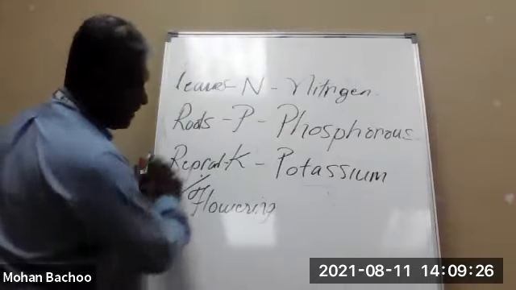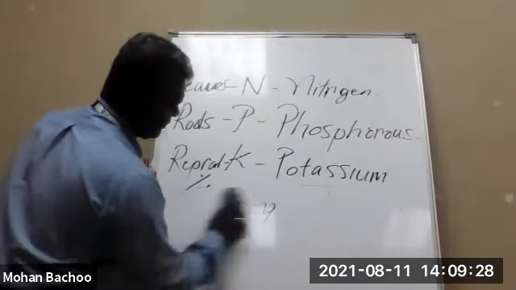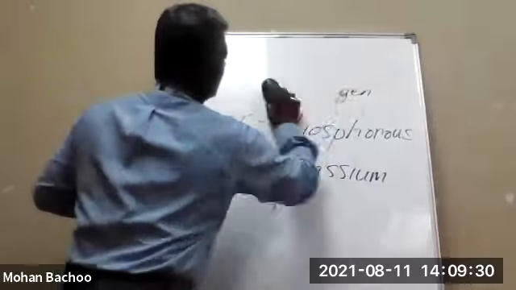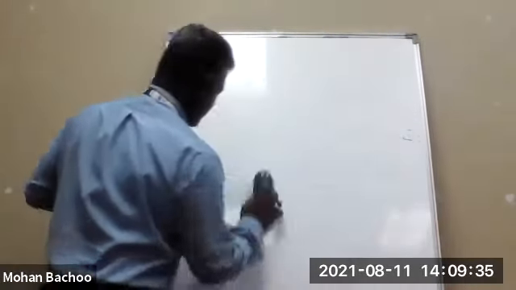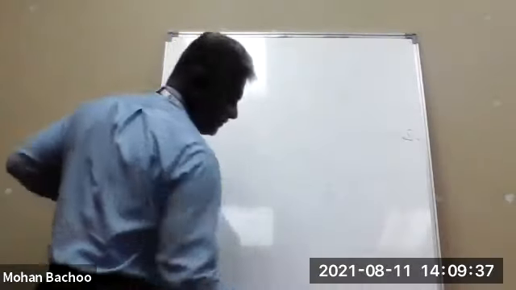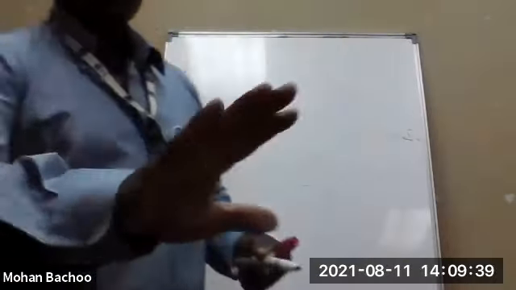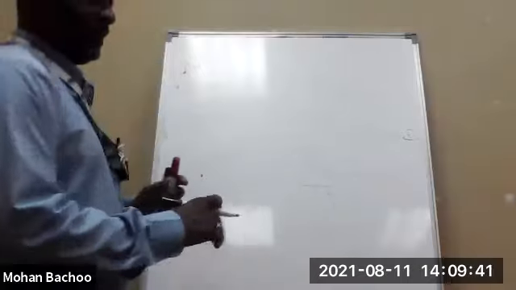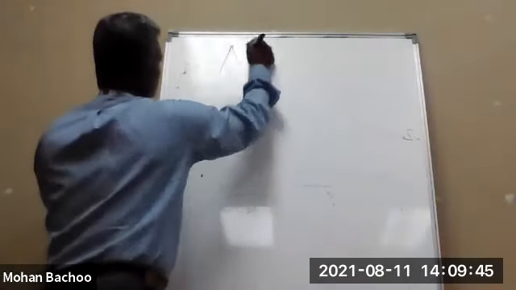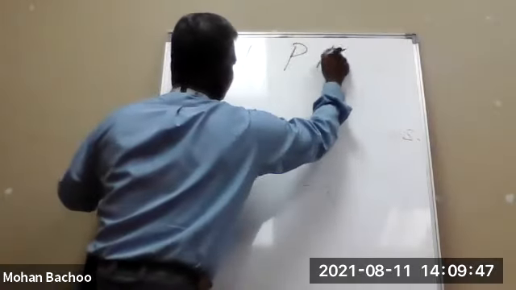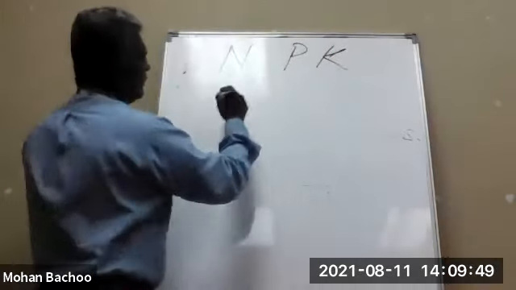So now I'm erasing. Now we spoke about percentage, but let me use a nice one. So we have N, we have P, we have K. You see that? Right.